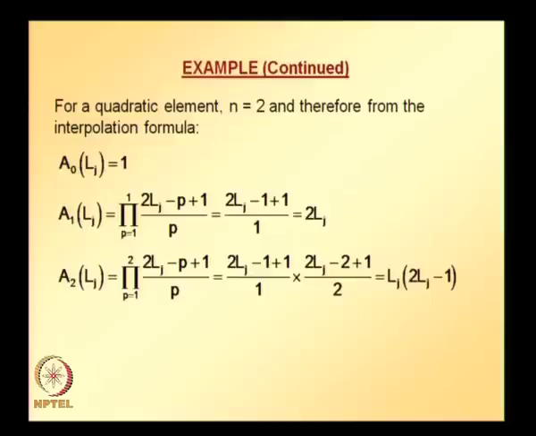Substituting the 3 subscript numbering scheme corresponding to node 1, that is 200, into the interpolation formula that we have seen in the earlier slides, we get shape function corresponding to node 1.